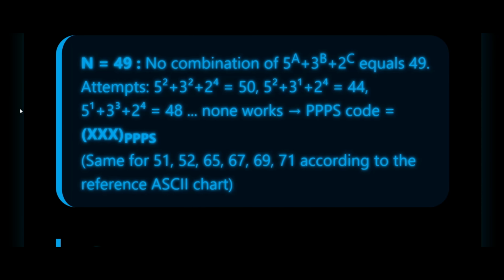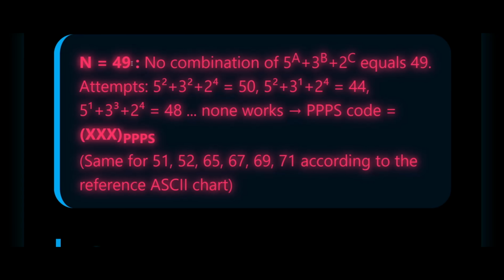Here is an example when perfect sum is not going to work for some given numbers, like n equal 49. So we are trying to encode 49 into the base of perfect sum. We are trying to take the same fixed set of numbers 5, 3, 2 and their powers a, b, c, and we are doing the same thing.